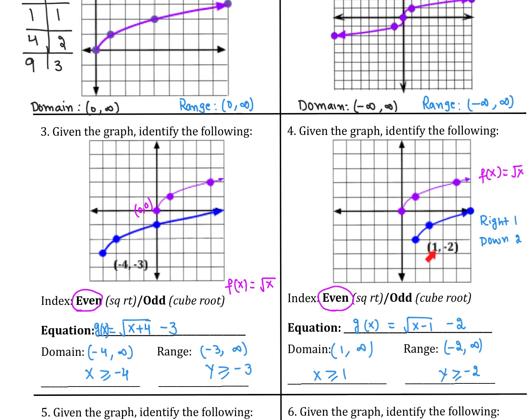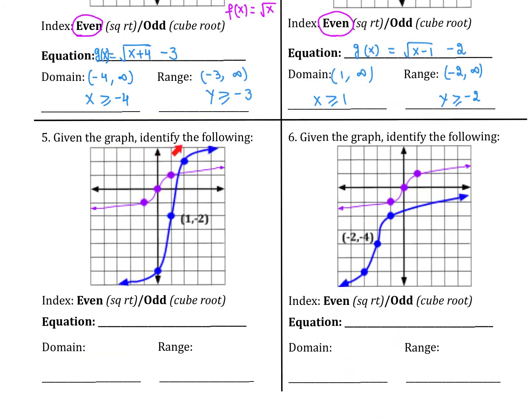Domain means the x value starting from 1 going to positive infinity. For range, starting from -2 and approaching positive infinity. In other words, x is greater than or equal to 1 because it's going to the greater side of 1. And y is greater than or equal to -2 because it's going to go up and up and up from -2.